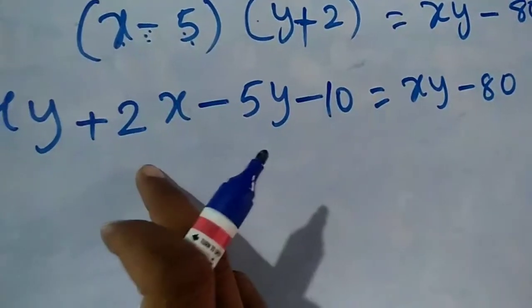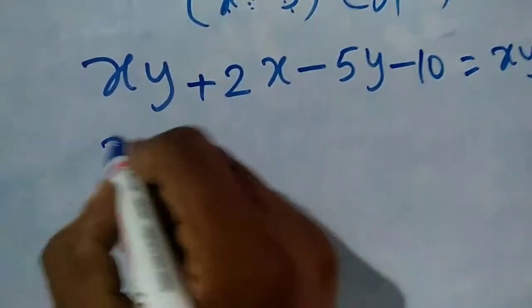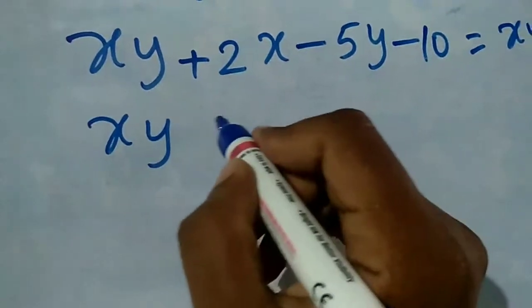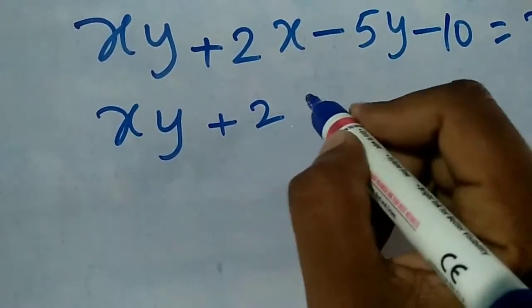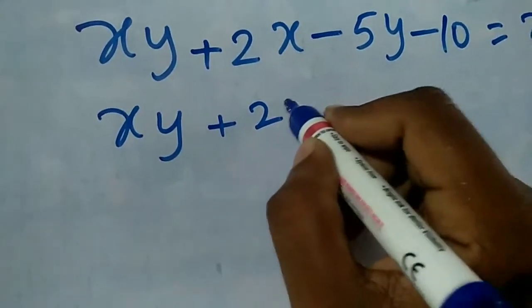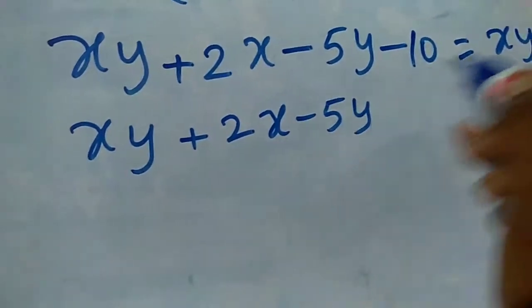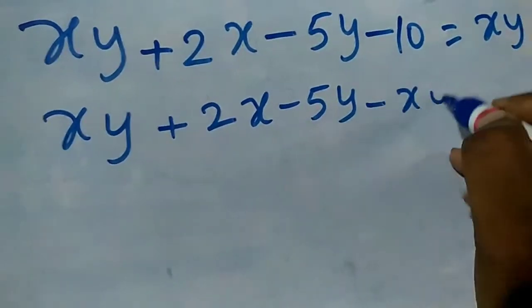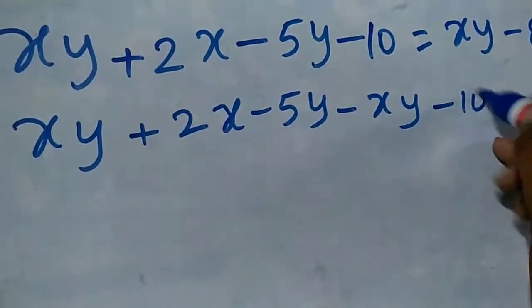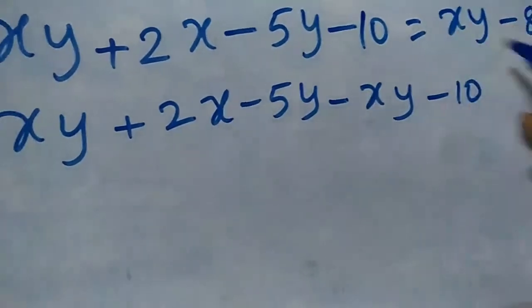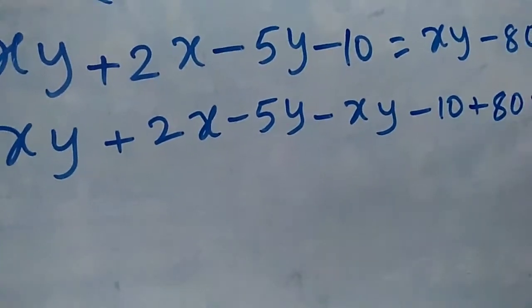Transpose all these terms to LHS side. So xy plus 2x minus 5y minus 10, this minus becomes plus, equal to 0.